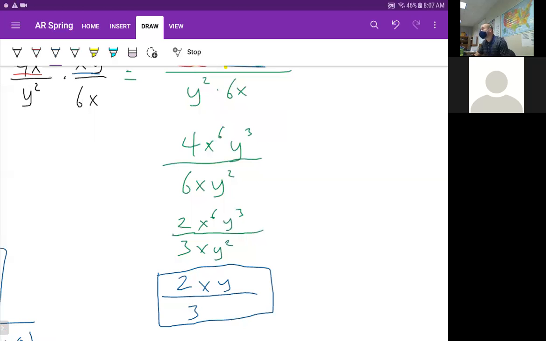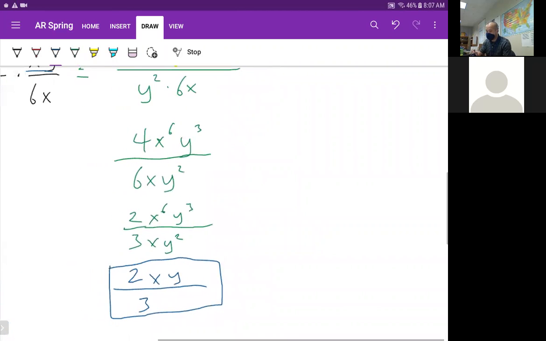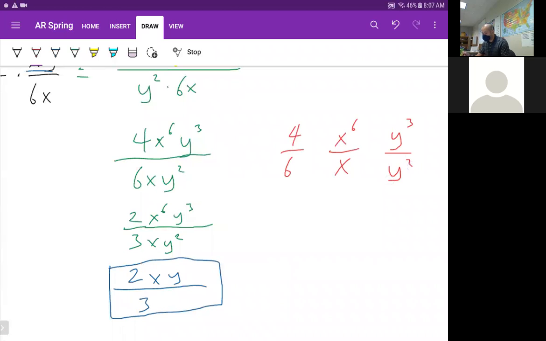And let me do this. Break it up more. Okay, so let's go from here. You have 4 over 6. Then you have x to the 6 over x. And then you have y to the 3rd over y squared.